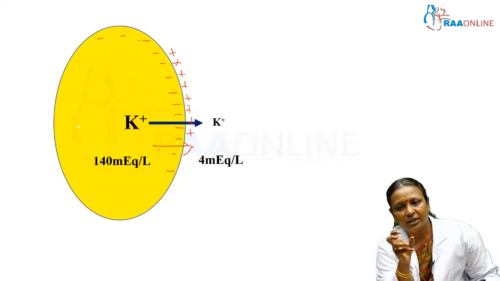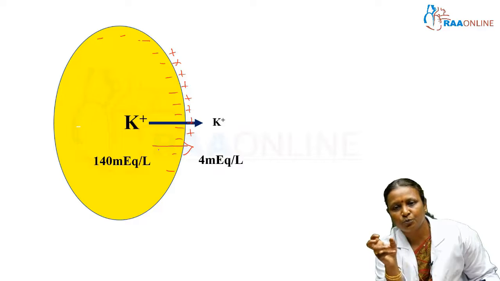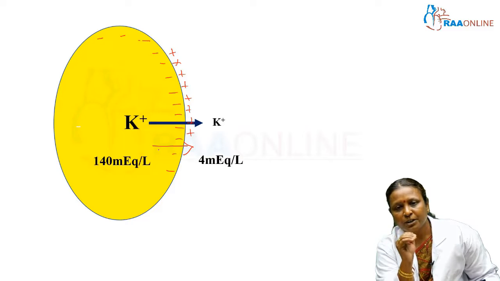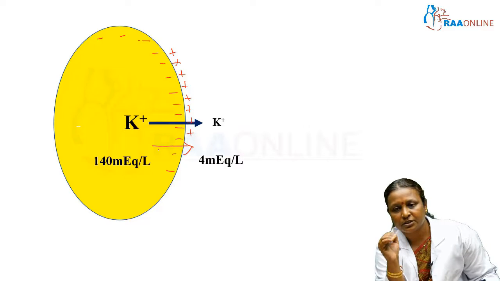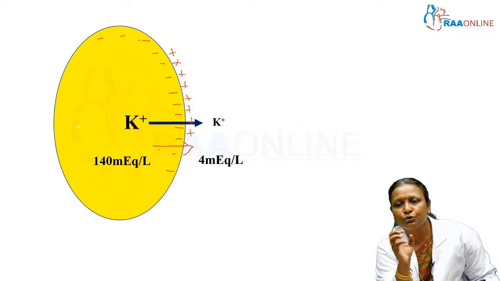You know something called the Nernst equilibrium potential. When potassium ion is moving from the intracellular to the extracellular compartment, there is a current flow. You call that the diffusion potential. This is the diffusion potential for potassium ion.